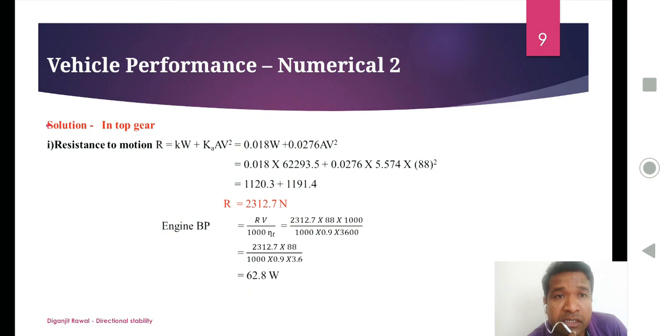So to convert this kilometer per hour into meter per second, we have to multiply by 1000 and divide by 3600. So again, this equation becomes 2312.7 into 88 divided by 1000 into 0.9 into 3.6, that is equal to 62.8 watt. So resistance to motion R is 2312.7 Newton. Engine brake power is equal to 62.8 watt. These all are in top gear.